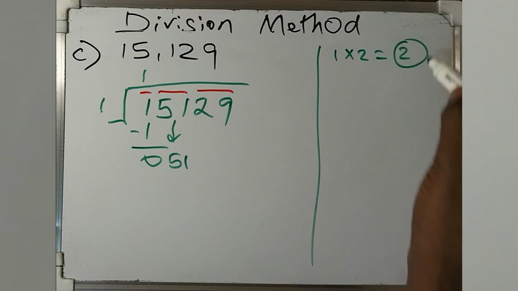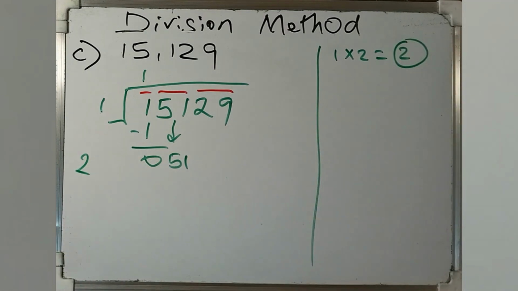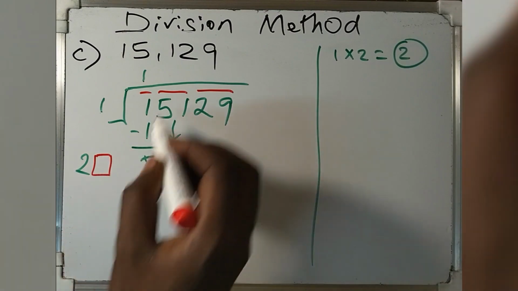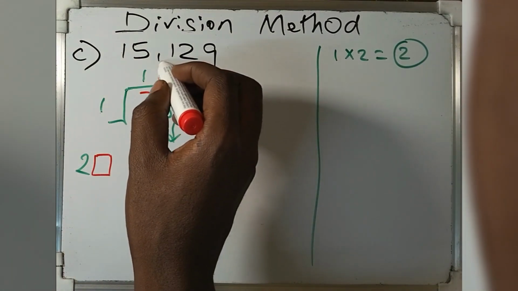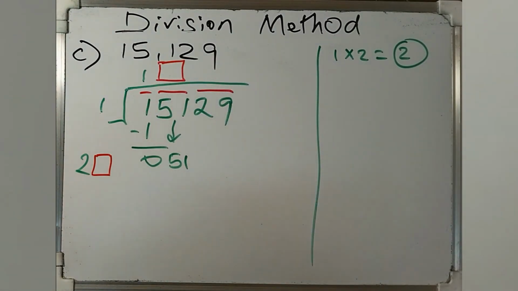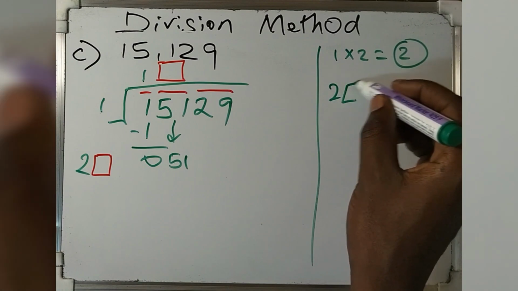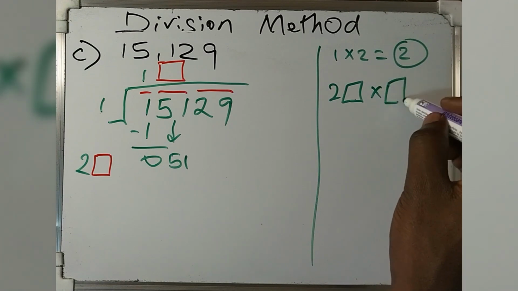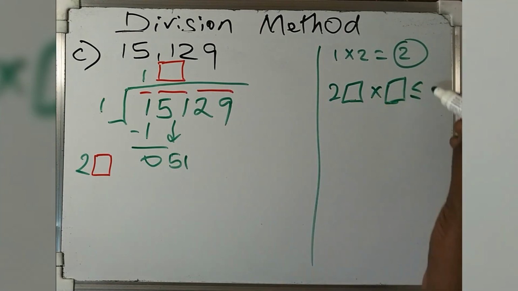We'll double it and replace this 2 here. Now, the second divisor that we have here will be such that 2 times such divisor is equal or less than 51.